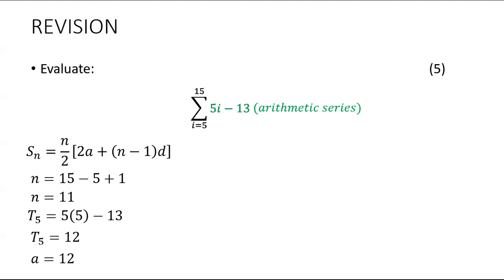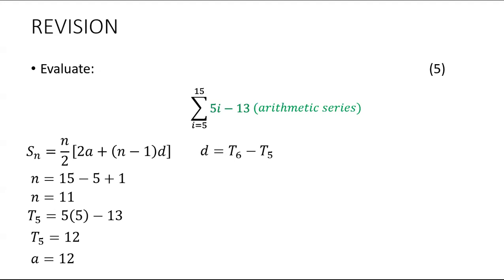Okay, we are missing d. d normally is the coefficient of the variable in the general term, but I will go the longer way. Since we have the fifth term, I'll just find the sixth term. You take consecutive terms and subtract them from each other to find d, normally the term in a higher position minus the term that comes before it.